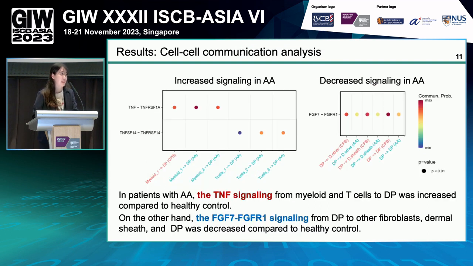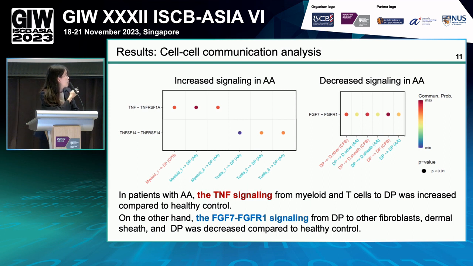The following are the result of cell-cell communication analysis. The left figure shows increased signaling in AA. The right figure shows decreased signaling in AA. The vertical axis indicates ligand-receptor pairs. The horizontal axis indicates the cell types in which the pair is expressed.